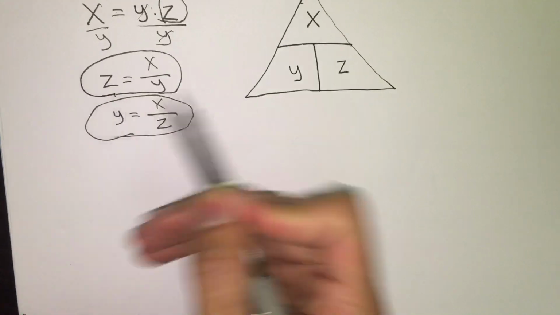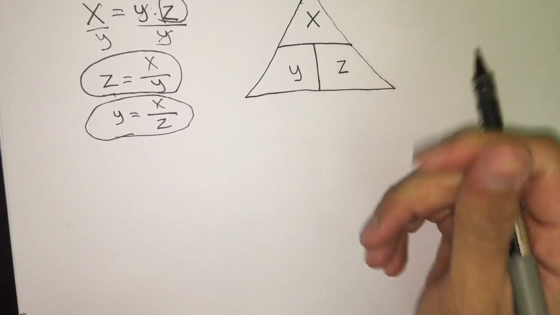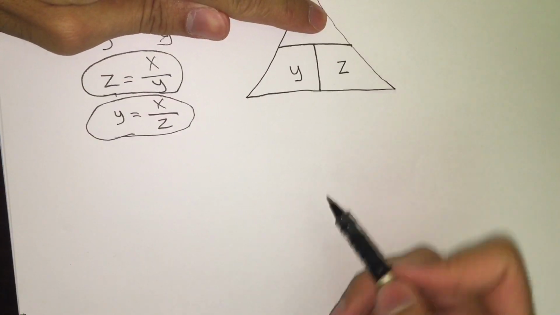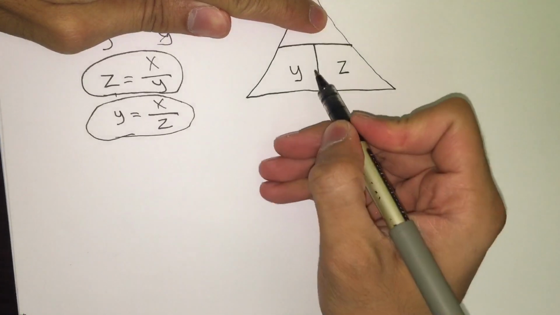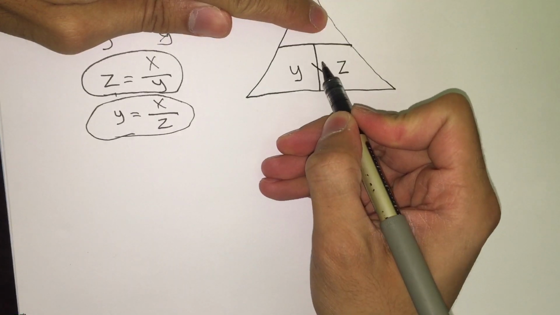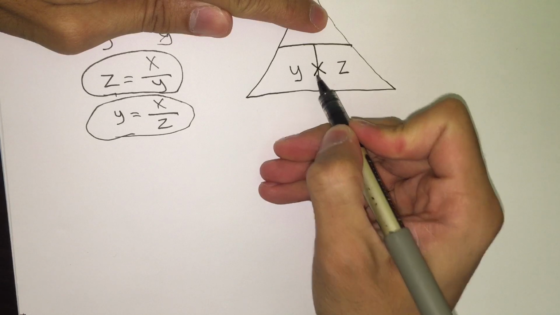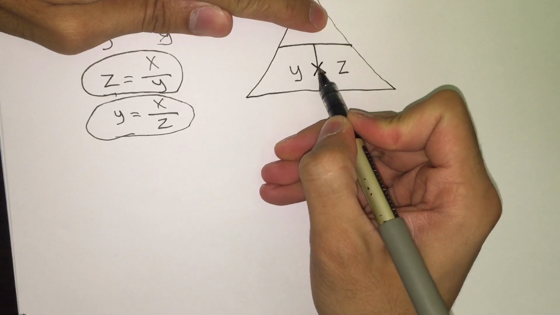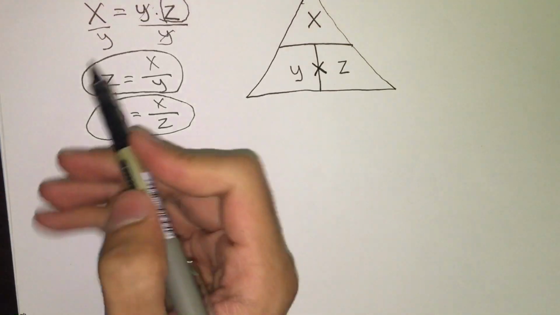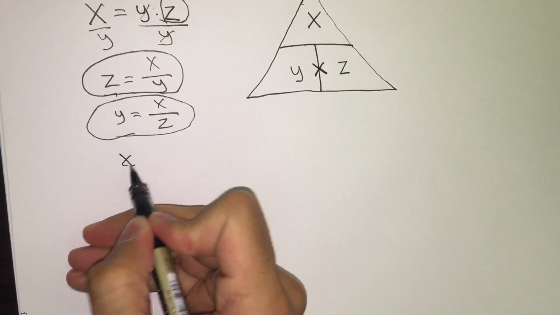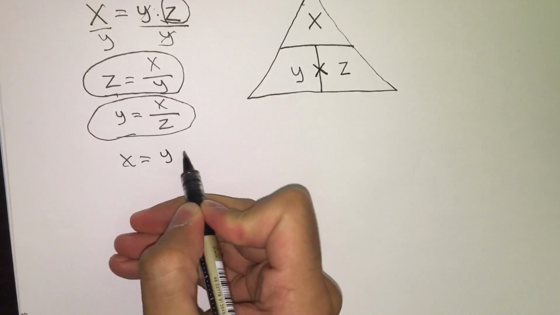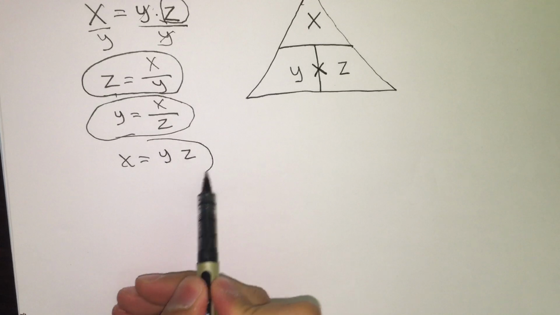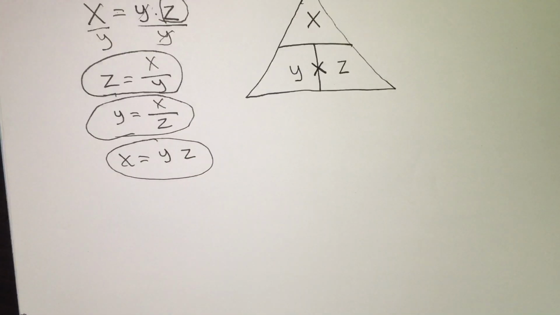If you want the value of x, you just cover the x and you're left with y times z. This is multiplication. I just sometimes like to write a small multiplication sign to make it simple, which is this equation, x equals y z. So this is basically the triangle method.